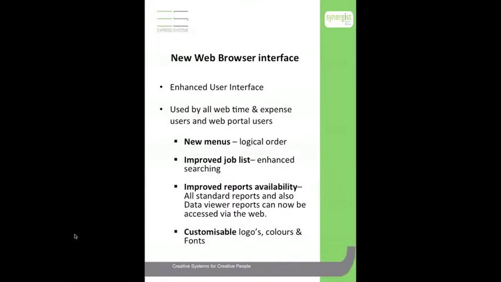A lot of you will already have that web portal license, but potentially not be making full use of it. So the things that we're looking at in the web browser are the new menus, the improved job list, enhanced searching facilities, and the improved availability of reports.